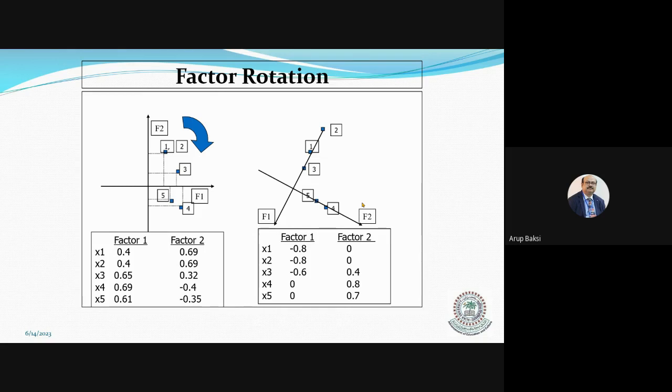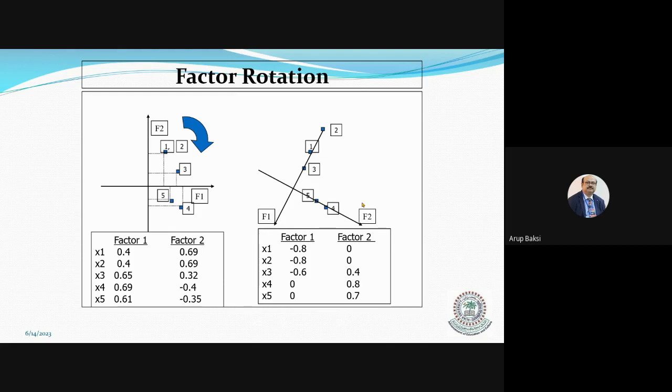Now you see the interpretation. Since the axes have rotated, it gives better interpretability of the observed variables. Now we can easily say that the observed variable x1 is much oriented towards factor 1. The observed variable x4 is much aligned with factor 2. The observed variable x5 is much oriented towards factor 2. So it gives us better interpretability.